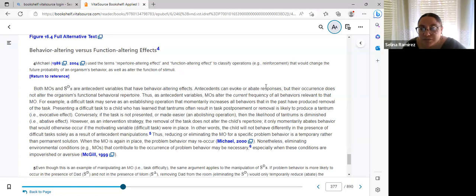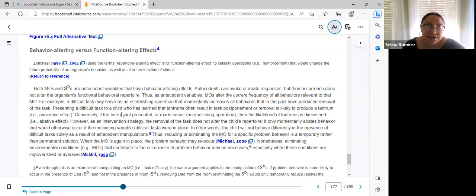Antecedents can evoke or abate responses, but their occurrence does not alter the organism's functional behavioral repertoire. Thus, as antecedent variables, MOs alter the current frequency of all behaviors relevant to that MO. For example, a difficult task may serve as an establishing operation that momentarily increases all behaviors that have in the past produced removal of tasks.